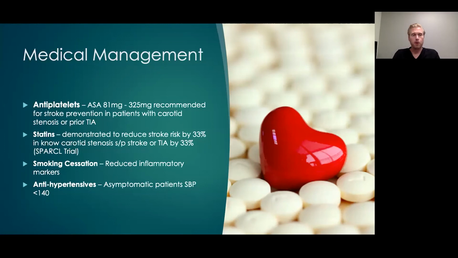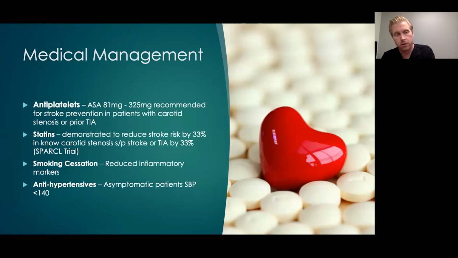In one study called the SPARCL trial, which gave patients statins after they had a symptomatic stroke or TIA, the risk of stroke was reduced by 30% in patients with known carotid stenosis, just by giving them statin drugs.